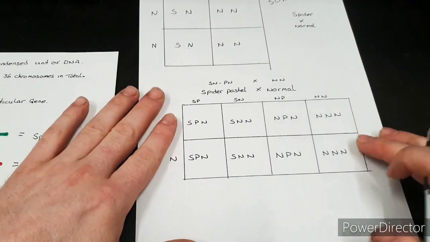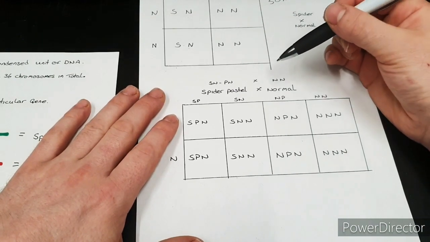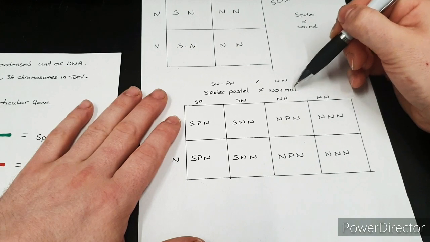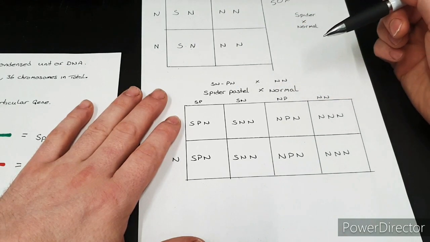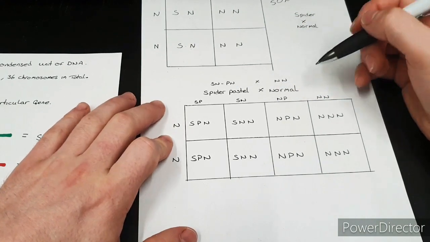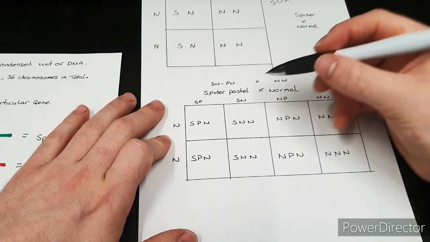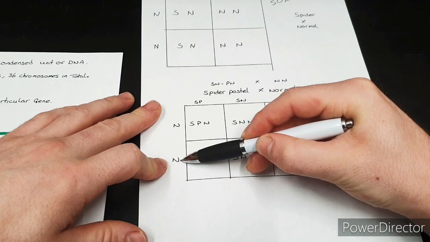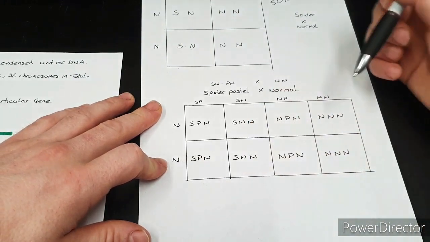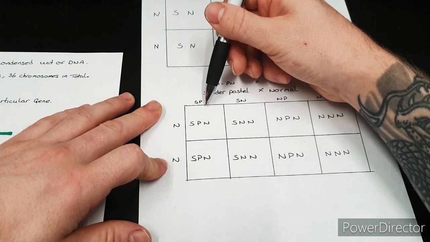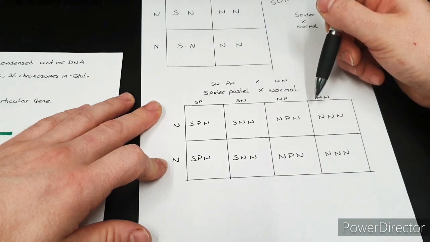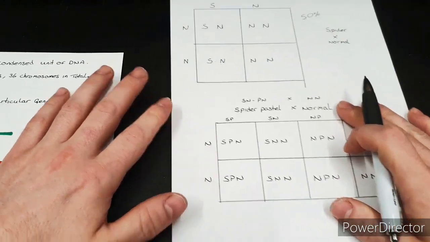So moving up from that, if you were to breed a spider pastel to a normal, so that's 2 genes to a normal, it's the same again. The normal has two ends, so that's the normals down the side. The spider gene and pastel gene, this works a bit different.